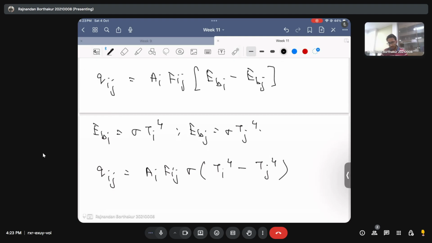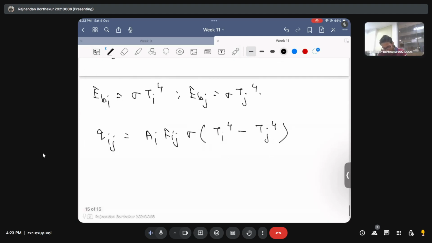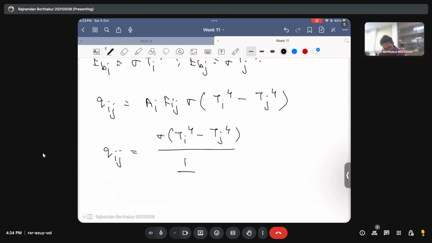Okay. And what you can do is you can similarly write this, by making some rearrangement, as sigma times (Ti raised to the power 4 minus Tj raised to the power 4) divided by 1 by Ai Fij, and this can be equivalently written as (Ebi minus Ebj) divided by 1 by Ai Fij.